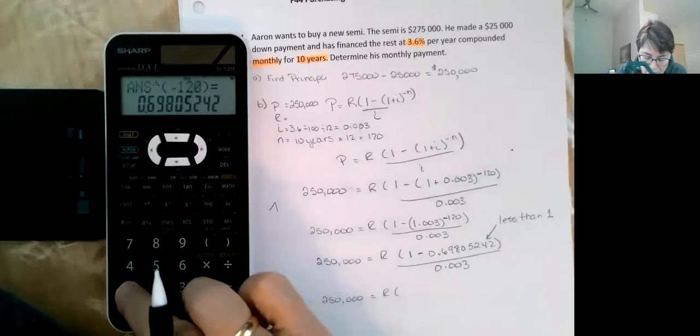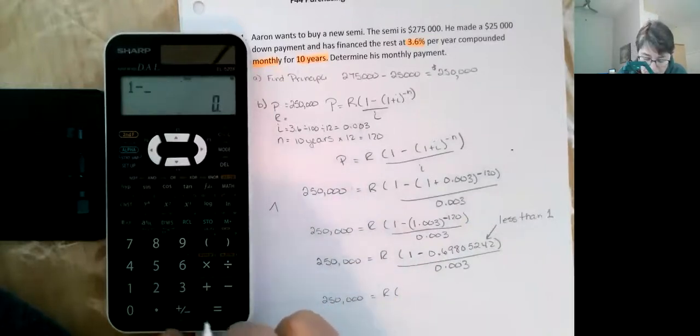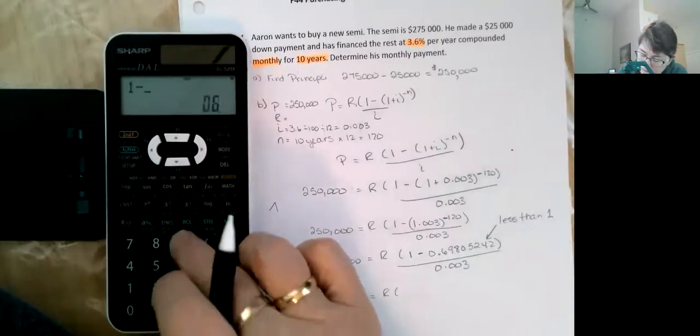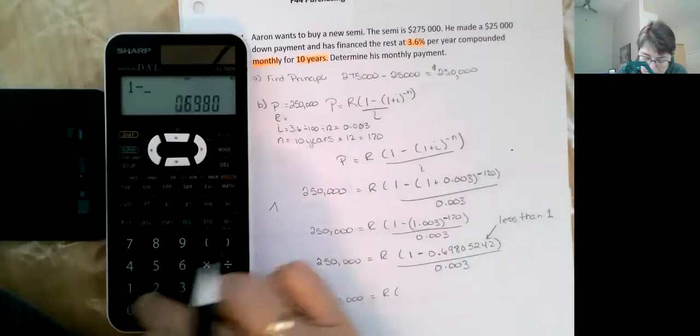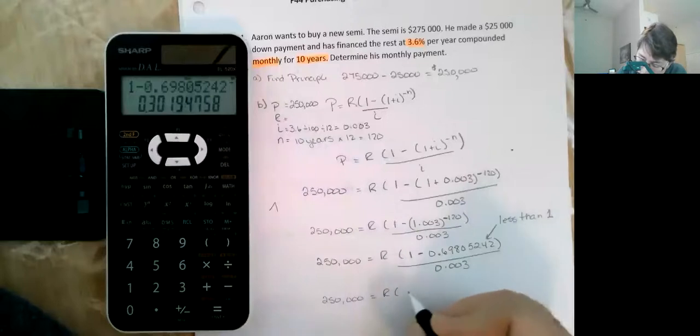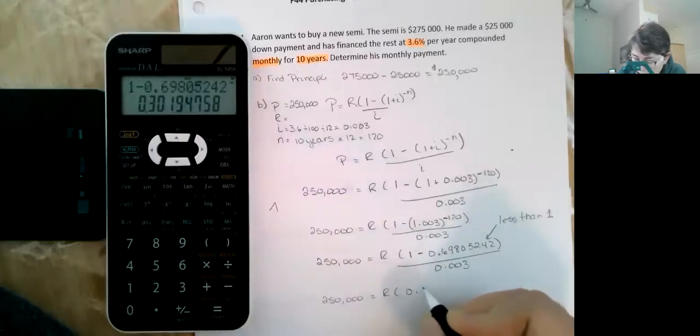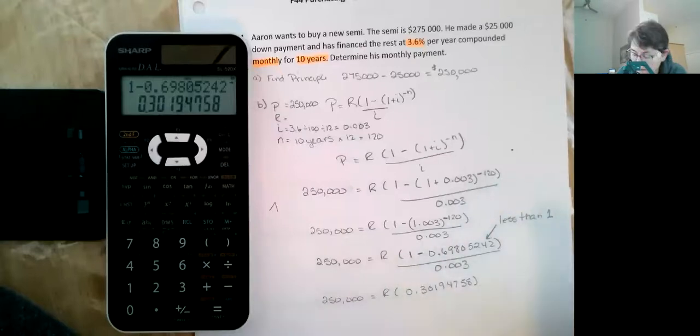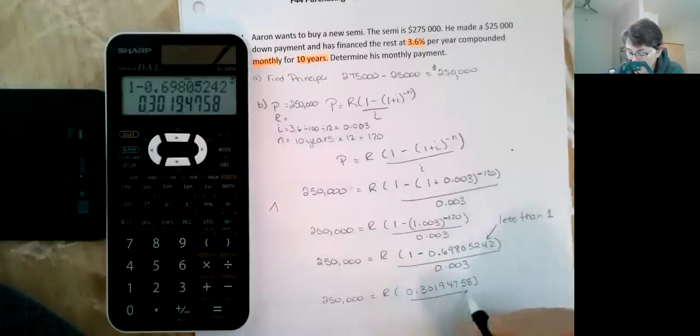And I'm just going to retype it in. That's why I wrote it all out. 1 minus 0.69805242. All right, so that gives me 0.30194758 divided by 0.003.